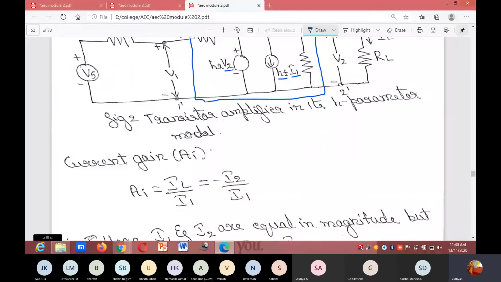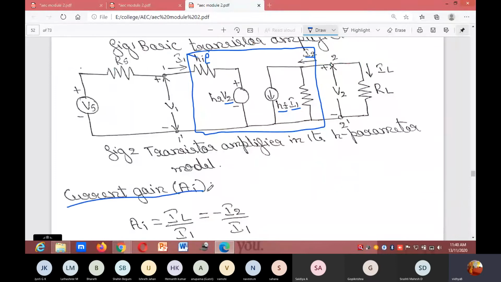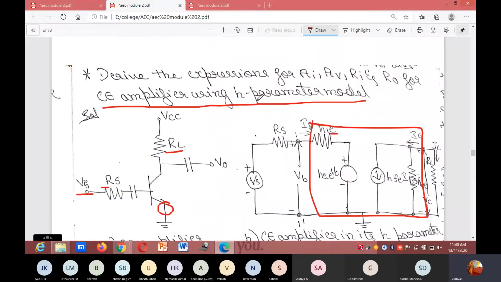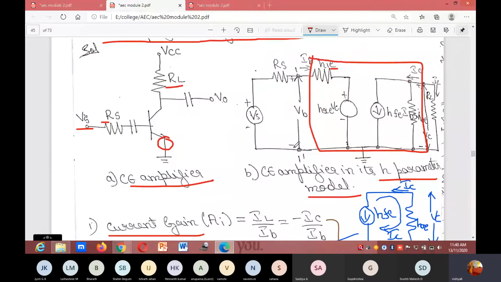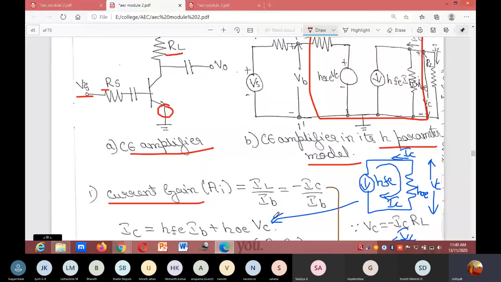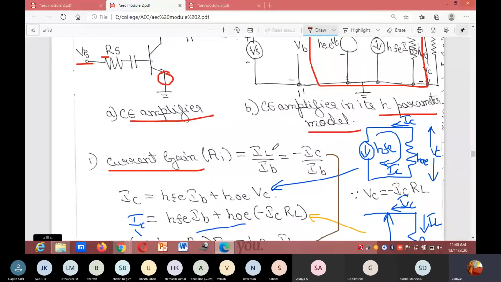In this case, what is the current gain? First we shall see this. For the current gain in this figure they consider IL divided by IB, where IL is the load current. Usually current gain is output current divided by input current.